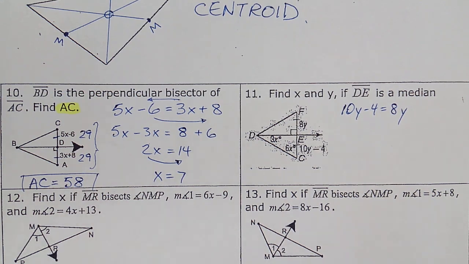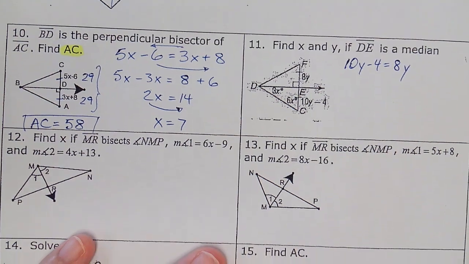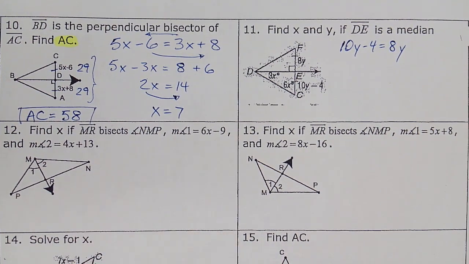Right, this is a nice recap for our final exam as well. So solve this one, move the y over, move the 4 over. Okay, let me know what you got.